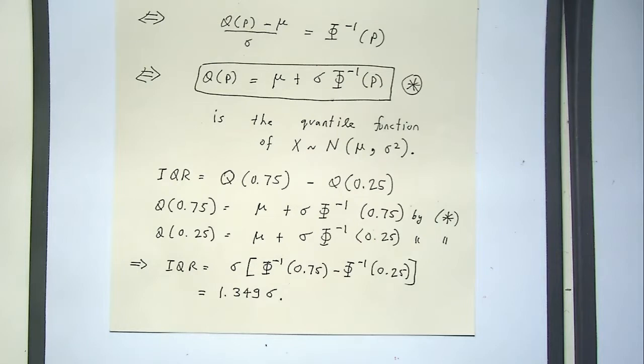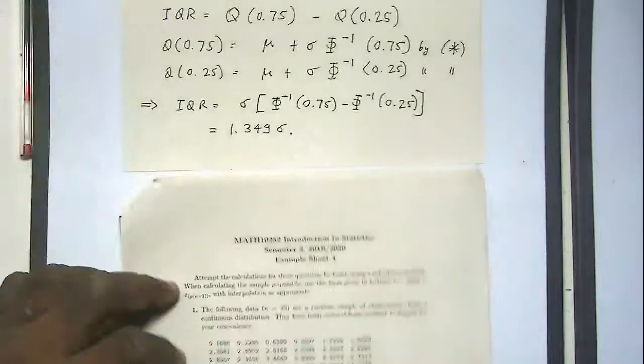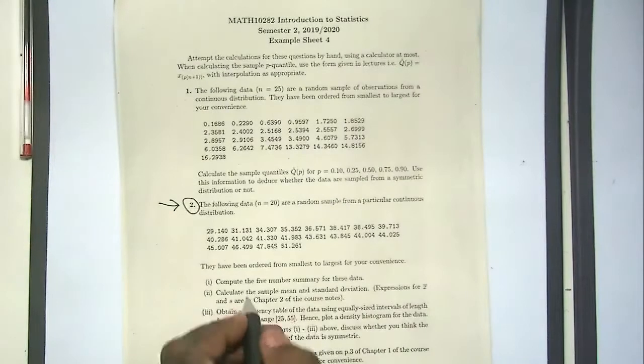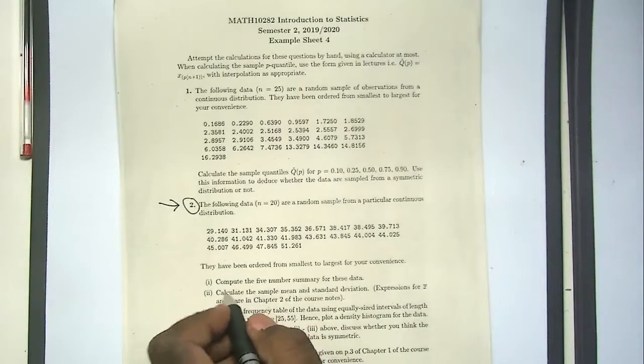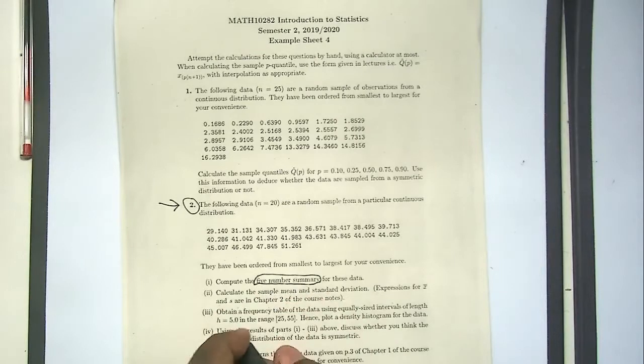You okay? Can you guys do question 2 now, please, if this is okay? Question 2 is this one here. Here it is asking you for the 5-number summary.